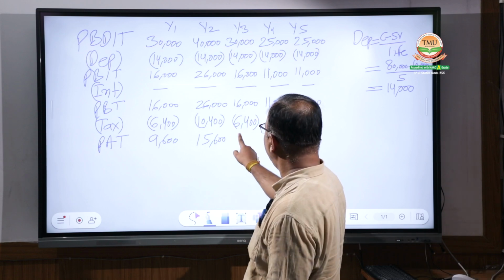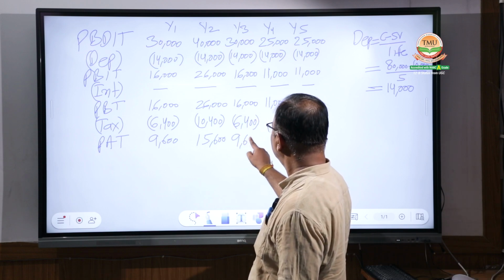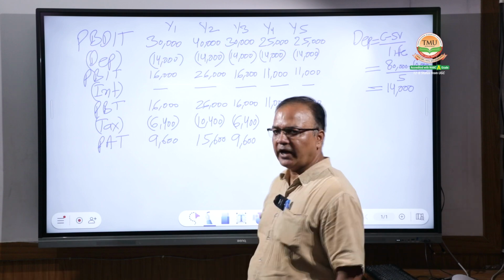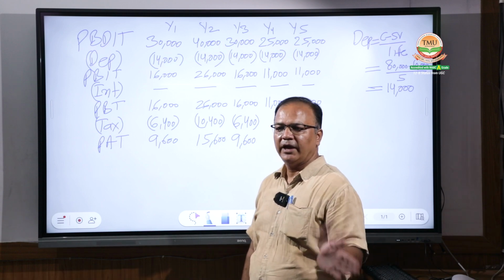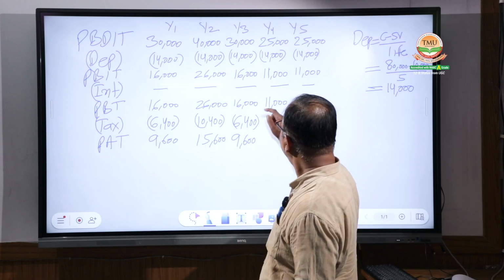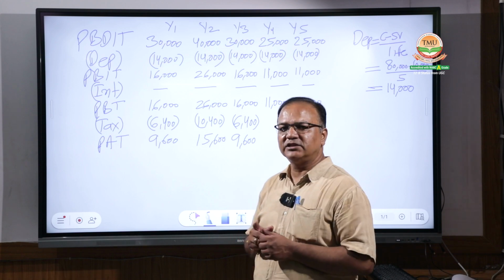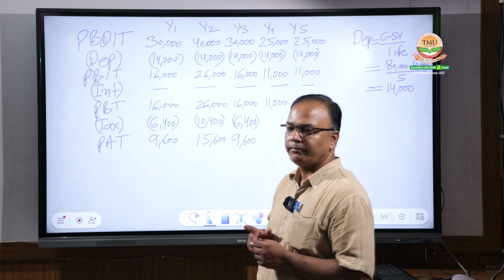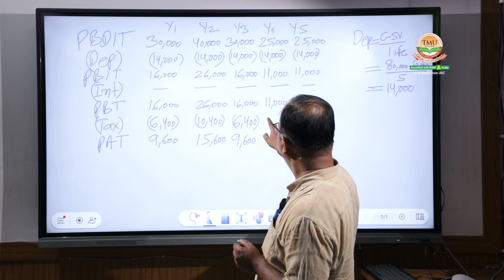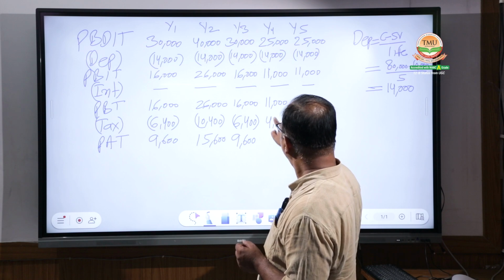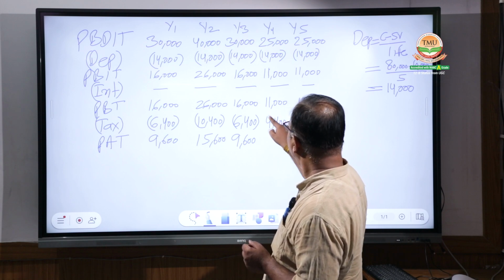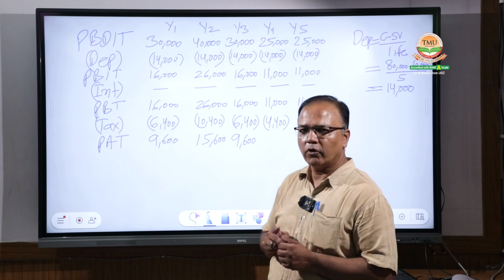If we deduct it, it will be 9,600. In the fourth year, profit before tax is 11,000, and the amount of tax will be 4,400.